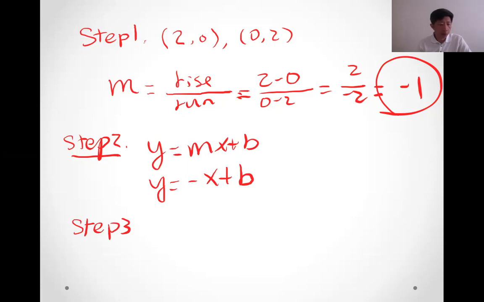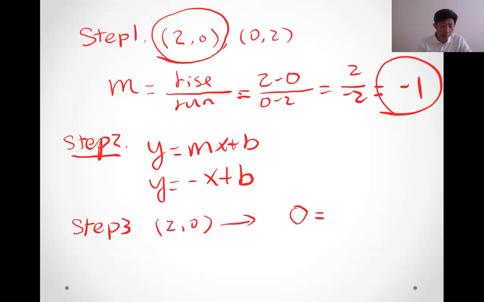Let's say I pick 2, 0 and plug into this equation. y equals 0, x equals 2, so 0 equals negative 2 plus b, right?